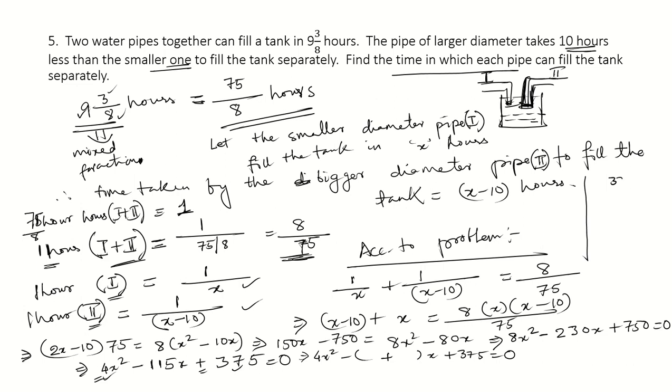How much do we get? Let's see, it's 1500, right? So now we need to find the factors of 1500. Let's start with 5.